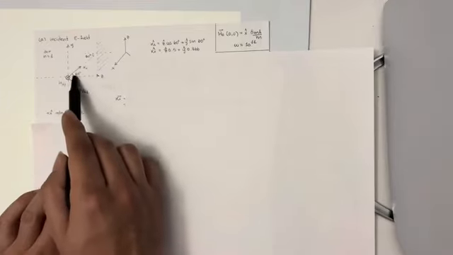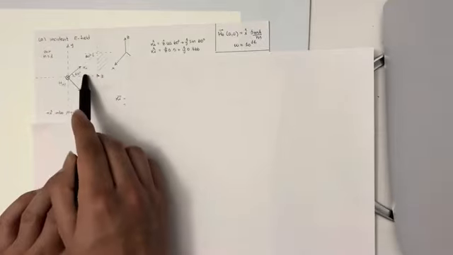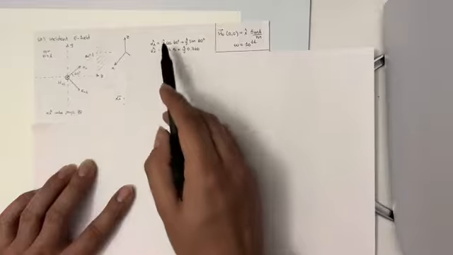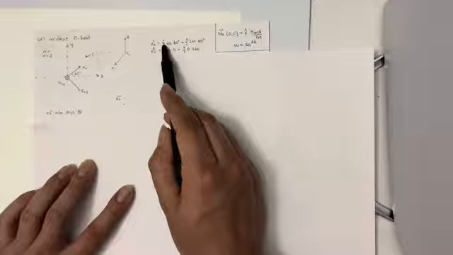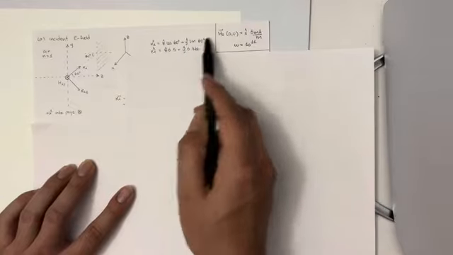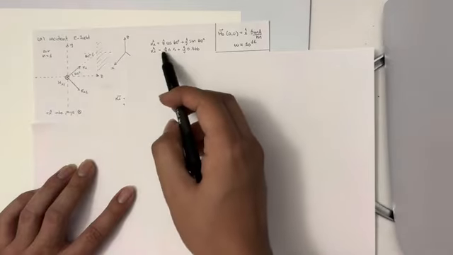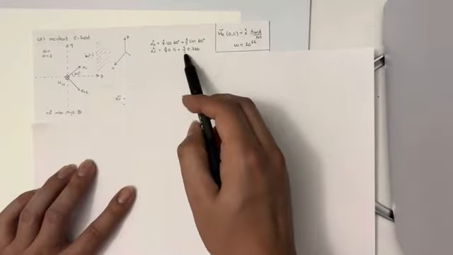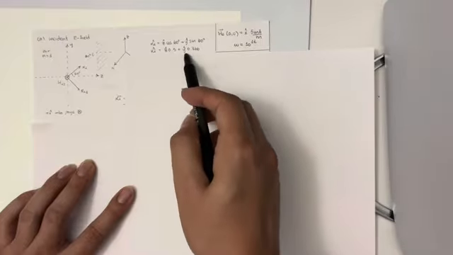Going in the Z direction is cosine of 60, going upwards in the Y direction is sine of 60. So the direction is Z hat cosine of 60 plus Y hat sine of 60. Simplifying this, we get 0.5 in the Z hat direction plus 0.866 in the Y hat direction.